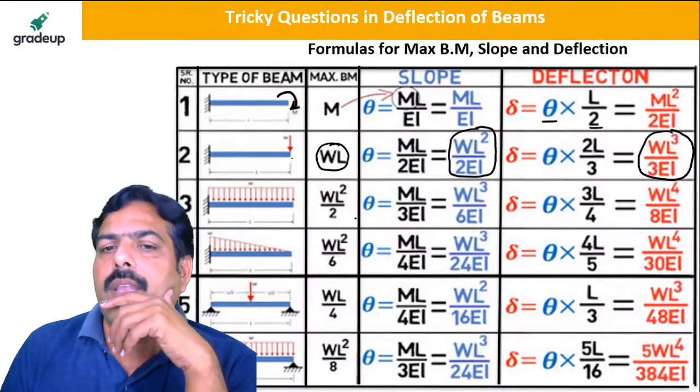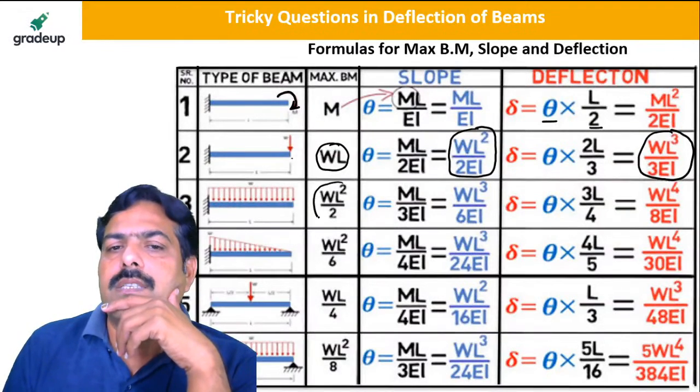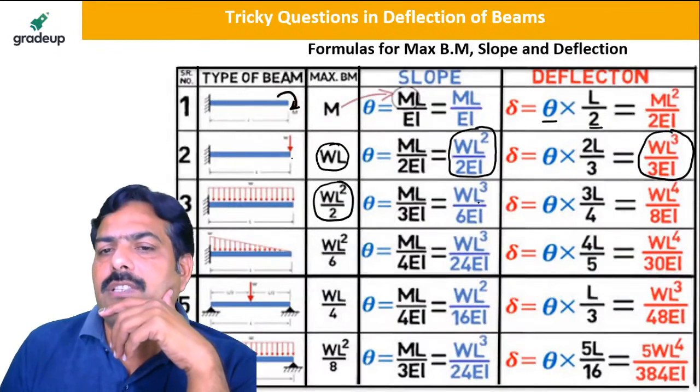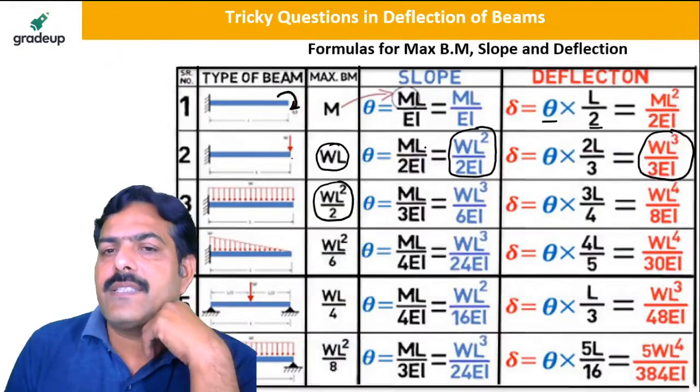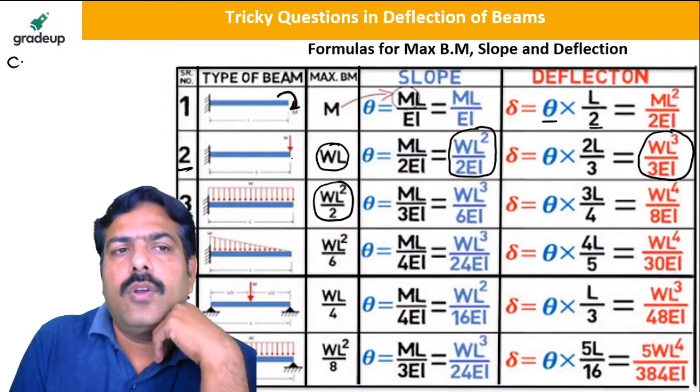Now when I talk about the cantilever UDL, you see that the maximum bending moment is WL square by 2, and the corresponding slope is WL cube by 6 EI. So my dear friends, in all these problems 2, 3, 4, 5 and 6, what is common?